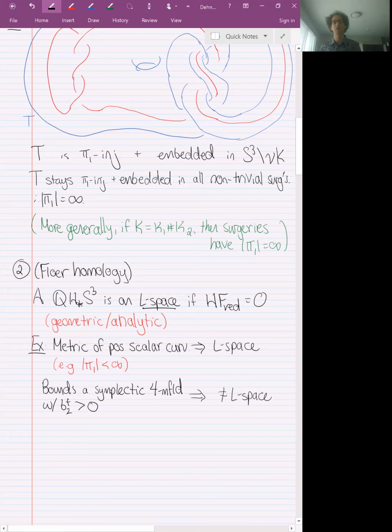We get something which is not an L space. And conjecturally, this is an equivalence if your 3-manifold is prime. But the point is we can now use this extra structure, whether geometry, symplectic topology, or PDEs, to constrain surgery descriptions.